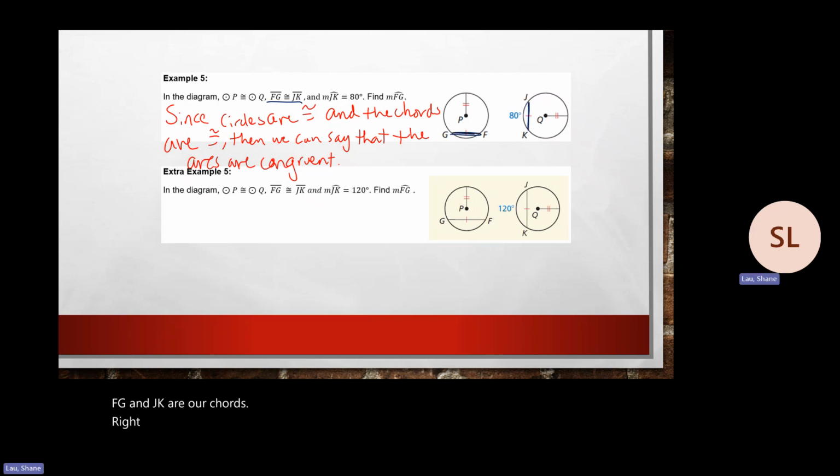We know that these two are congruent. Because they're congruent, using 10.6 to our advantage, we know the arcs must be congruent.